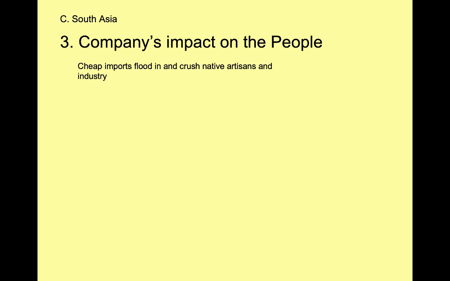The artisans are going to lose business, and eventually India almost makes none of its own clothes. In fact, laws are going to be passed that say they can't make their own clothes. And so now India is truly a dependent economy. They have to depend on England to buy their raw cotton, and then they have to depend on England to sell them clothes from England, which eventually will be overpriced because there's no competition.